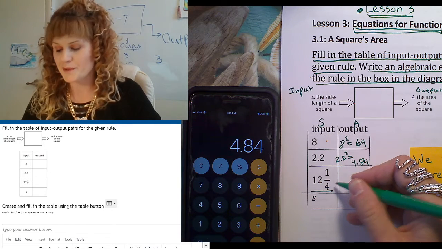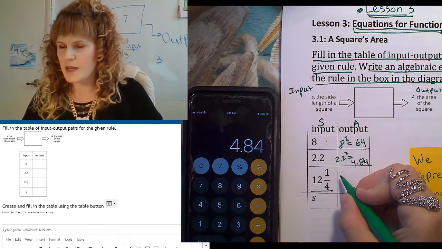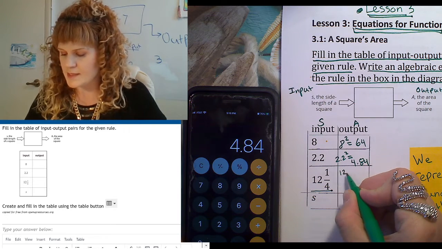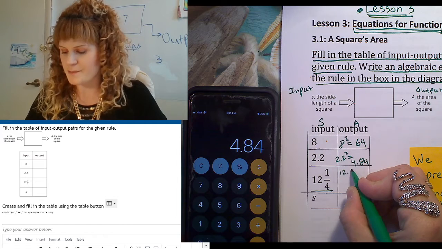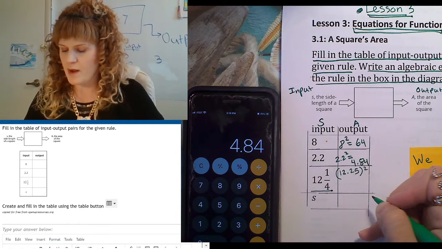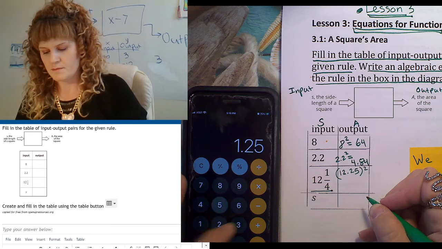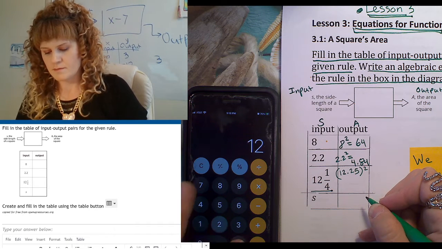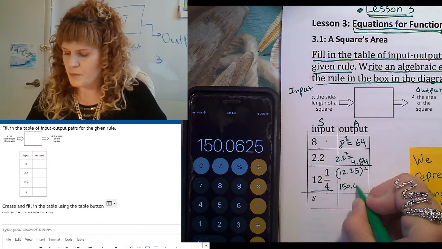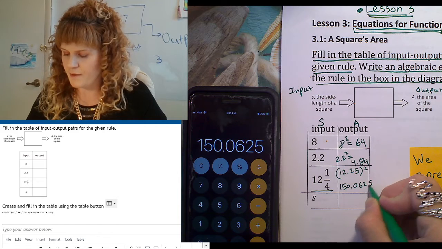All right, if we have a square with side length of 12 1/4, then our area is 12 1/4 squared. I'm just going to use decimals instead of fractions because I'm a little lazy. 12.25 squared is 150.0625.